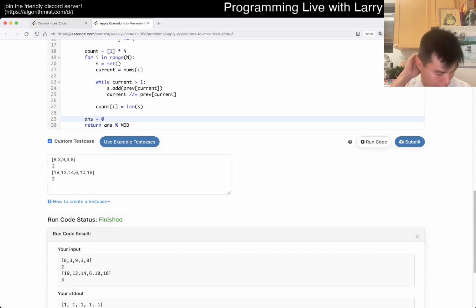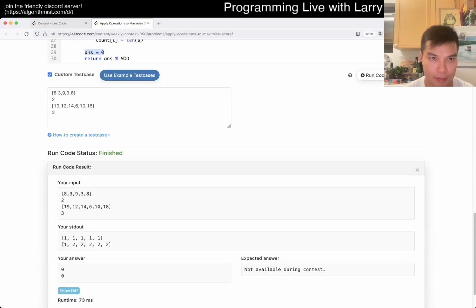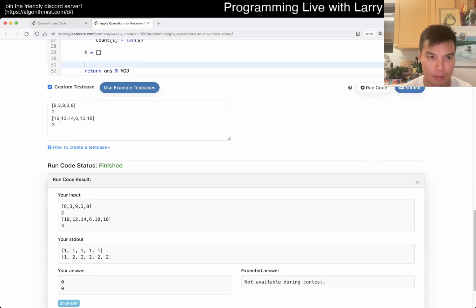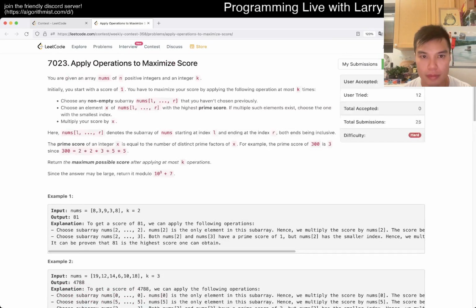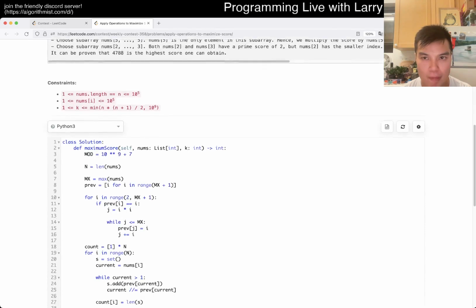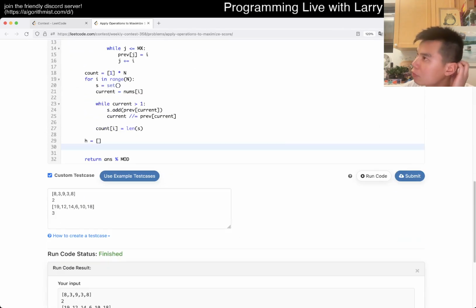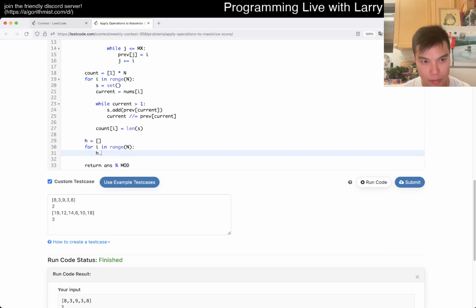Okay, so the heap should look like. What's my stuff?